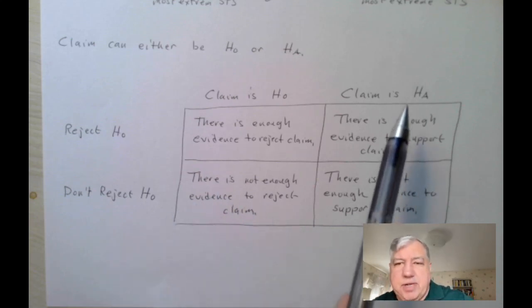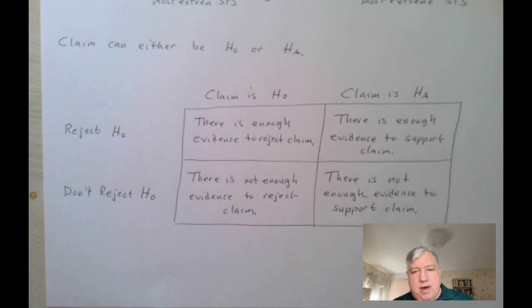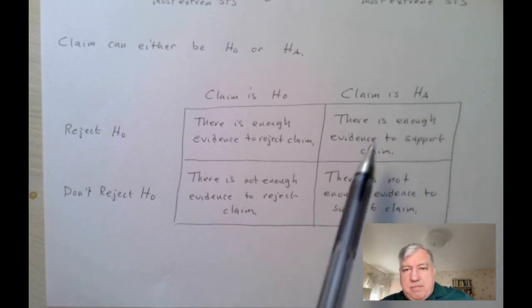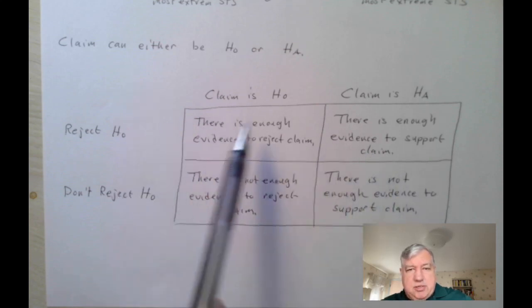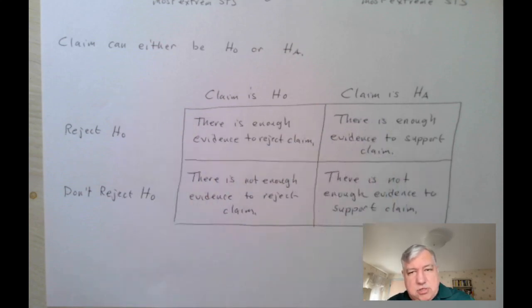If your claim happens to be the alternative hypothesis, that would be if your claim is something like mu is strictly less than 5 or some number, or strictly greater than 5, or not equal to some number, then the claim is the alternative hypothesis. So if you reject H0, you can now support the alternative, so you say there's enough evidence to support the claim.